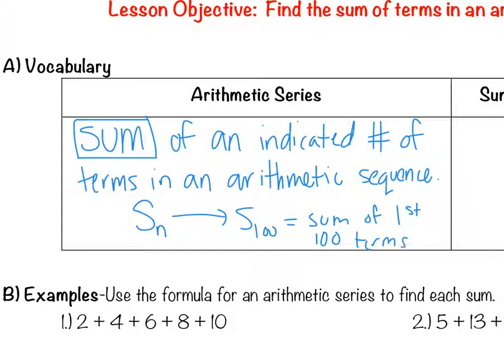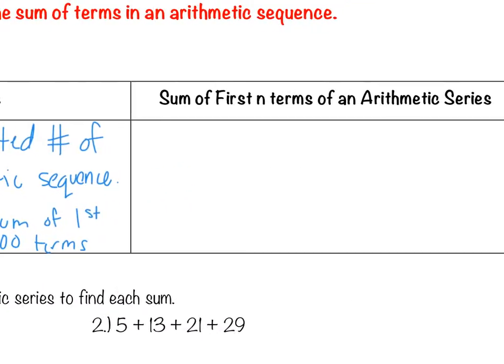Similar to the sigma, where you would have 100 on top, it's the same thing. S of 100 means you're going to find the first 100 terms of a sequence and then add them all together, because that's a sum. And lo and behold, there is a formula for this.